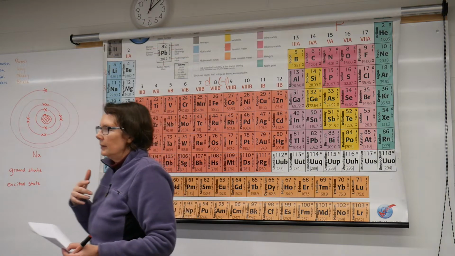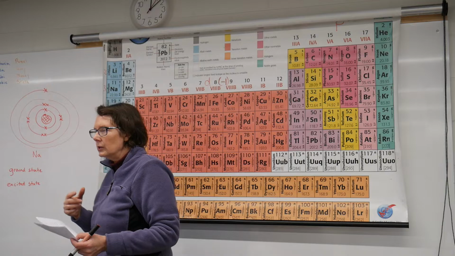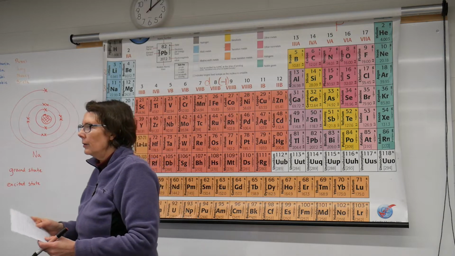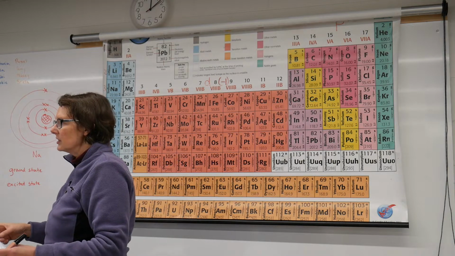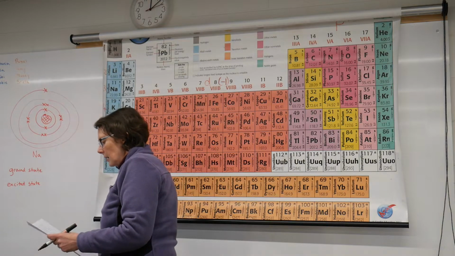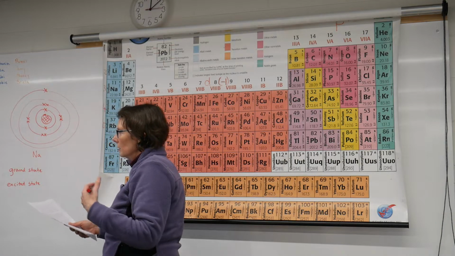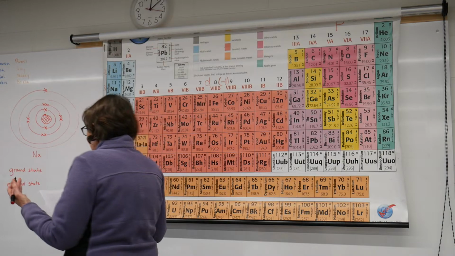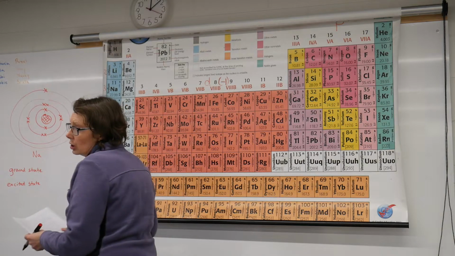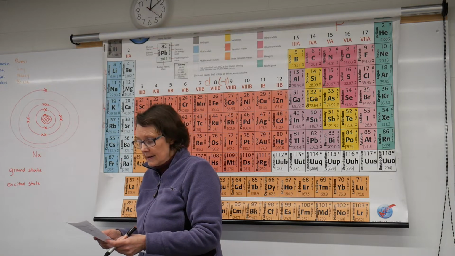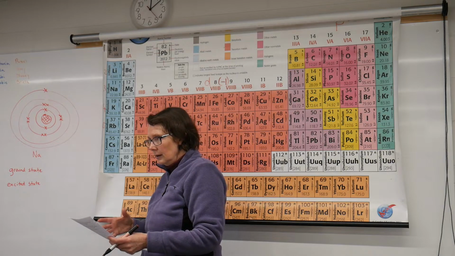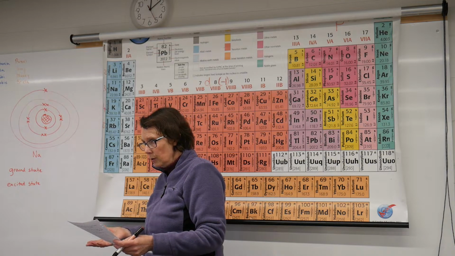There's the Heisenberg uncertainty principle that means that we can't know the direction it's travelling and where it is at the same time. And so Schrödinger set up an equation that determined the actual configuration of the orbitals.